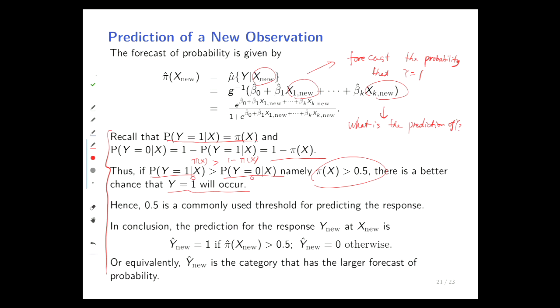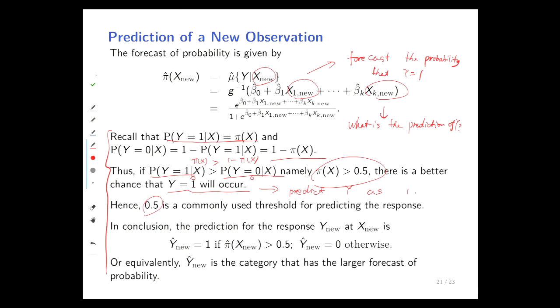In that case, we predict y as 1, because y equals 1 has a larger chance to occur. So 0.5 is actually a threshold to help us predict the response.